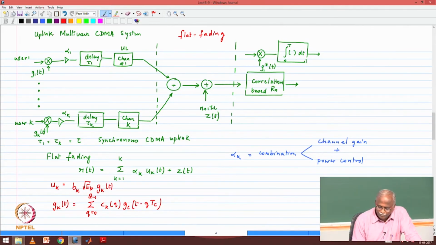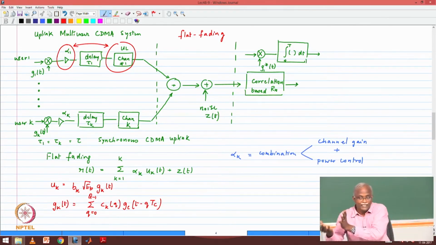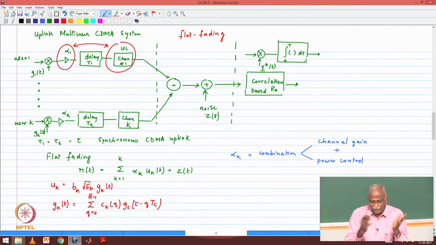So, in principle, this alpha and this could be combined to reflect a single coefficient. So, you have the transmitted signal multiplied by a complex gain, which is because the channel gave you gain or you did power control, it does not matter. You can combine them into a single complex gain. Now, each of the users transmits their signal, and the signal encounters this channel.